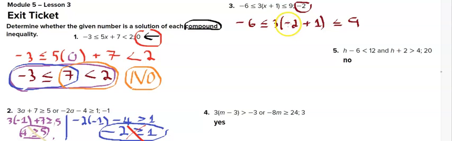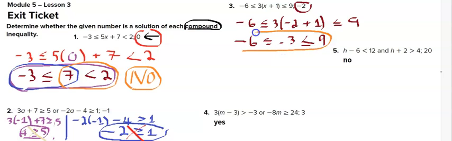Mental math. -2 plus 1. That is, and then you have to bring down the -6.